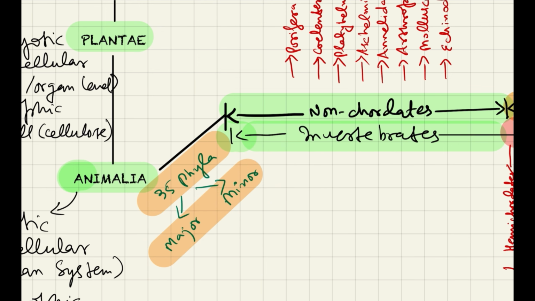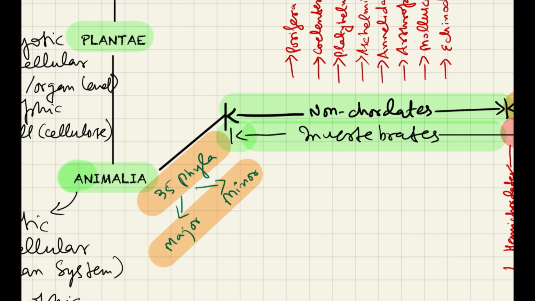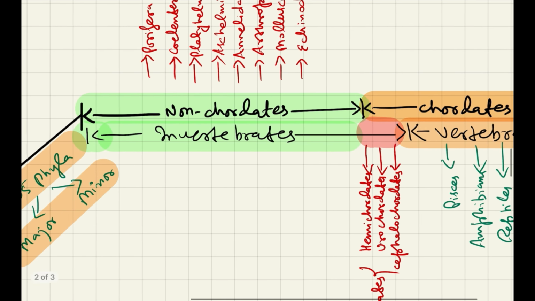Major or minor, they are based on their number, and also on their role in the environment. So when both are high, it is most probable that that phylum will be put in a major phylum. We need not get into much detail, this was just for information.